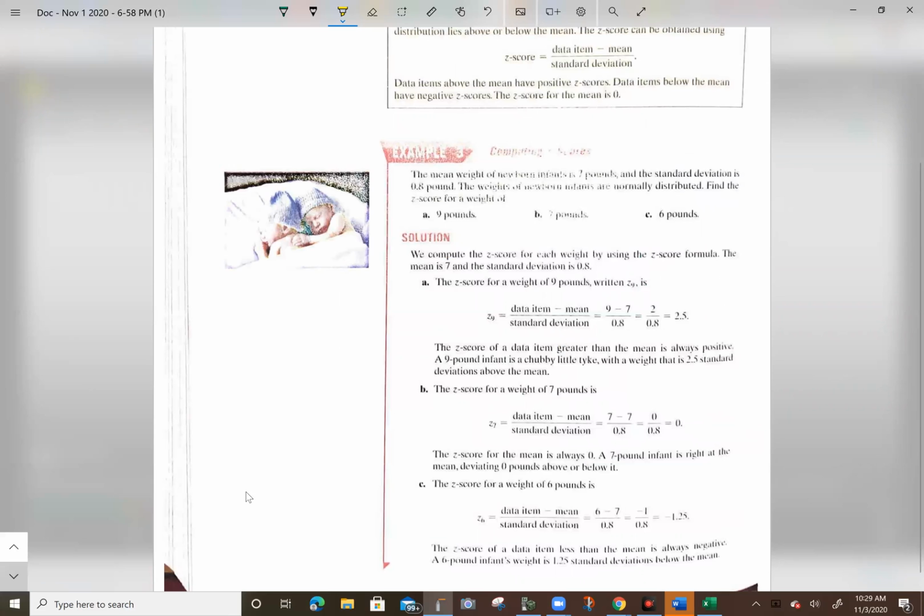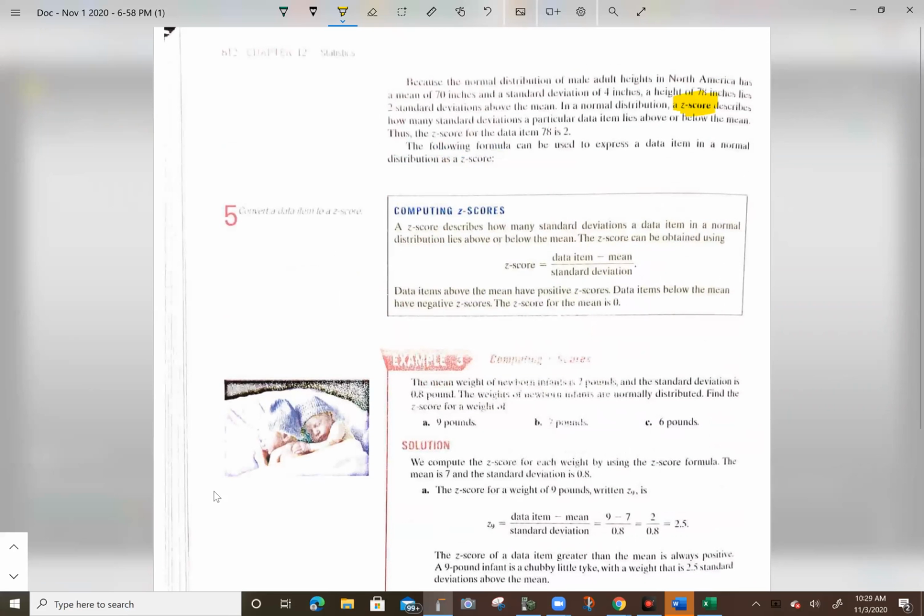Z-score, you'll also hear it called the standard score. And here's the formula for how to compute the Z-scores. The Z-score is equal to your data item minus the mean, divided by the standard deviation.